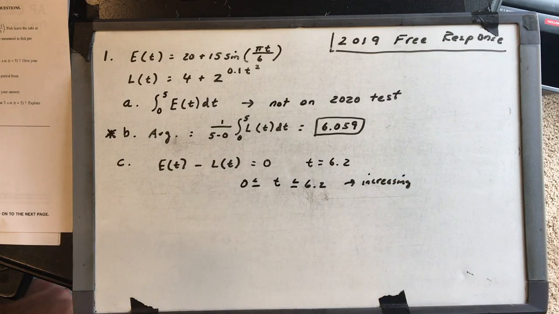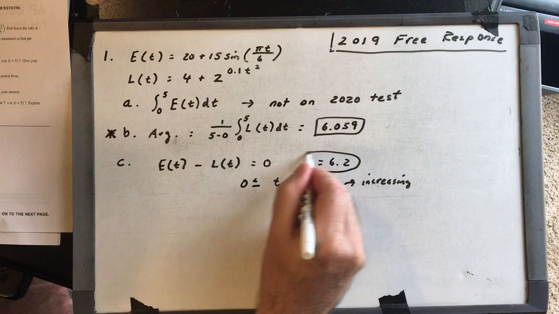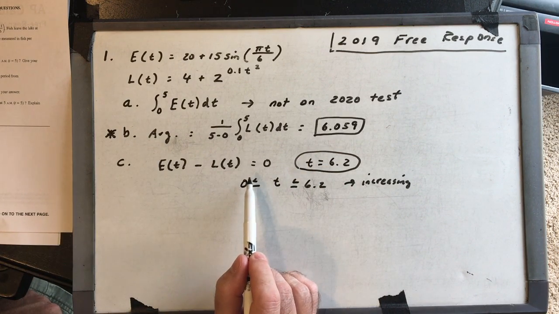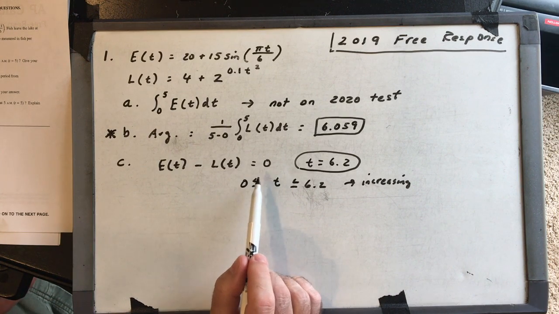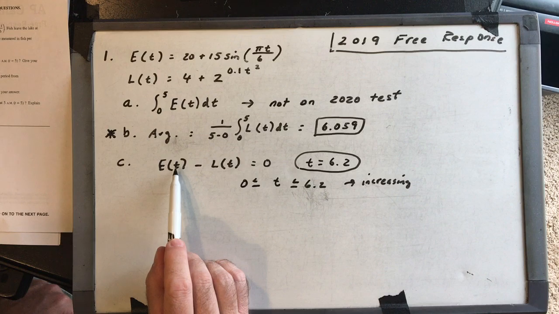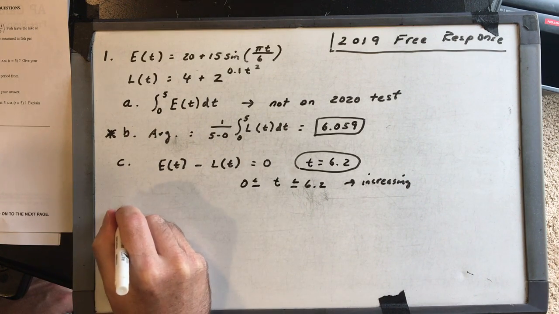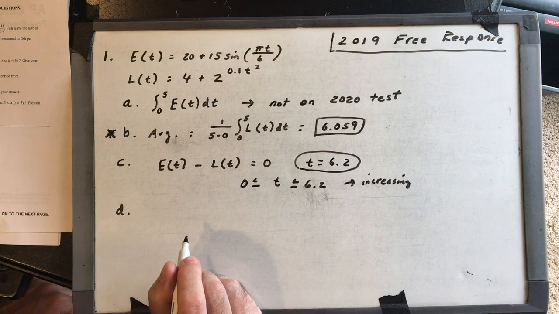You could also, of course, graph that on your calculator if this were a normal year. But it is possible you could be given one like C, where as long as the equation was simple and you could do it by hand, you would have to solve for t.